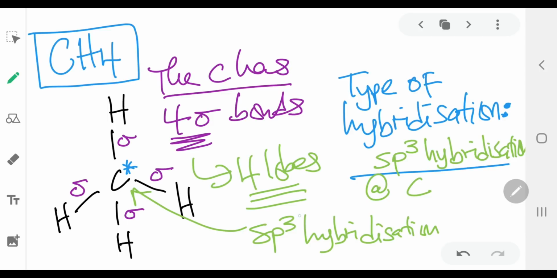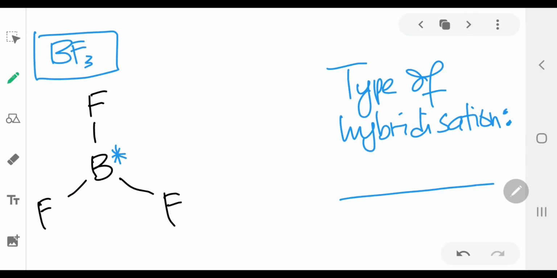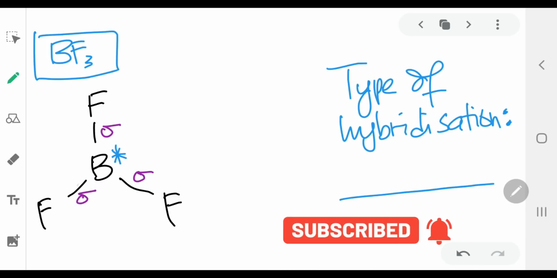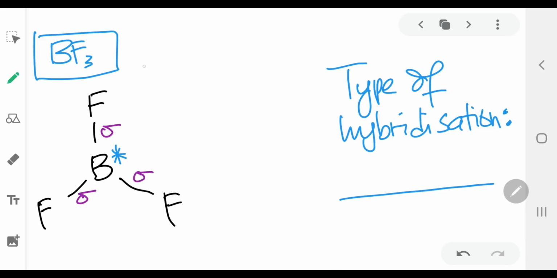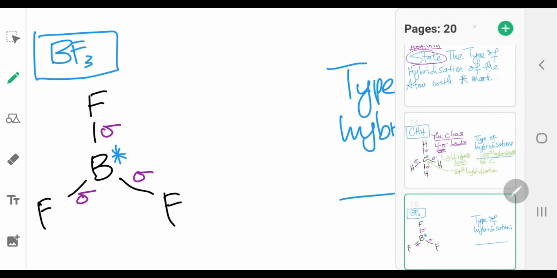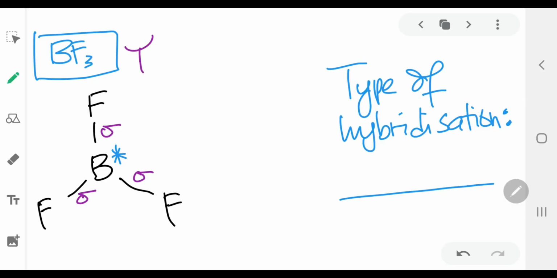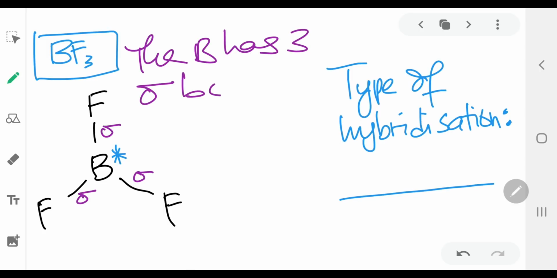Okay, 4 lobes. 1, 2, 3, 4. 4 lobes. What about this one? We have 1, 2, 3, and obviously the boron does not have any lone pair. So it has 3 sigma bonds.